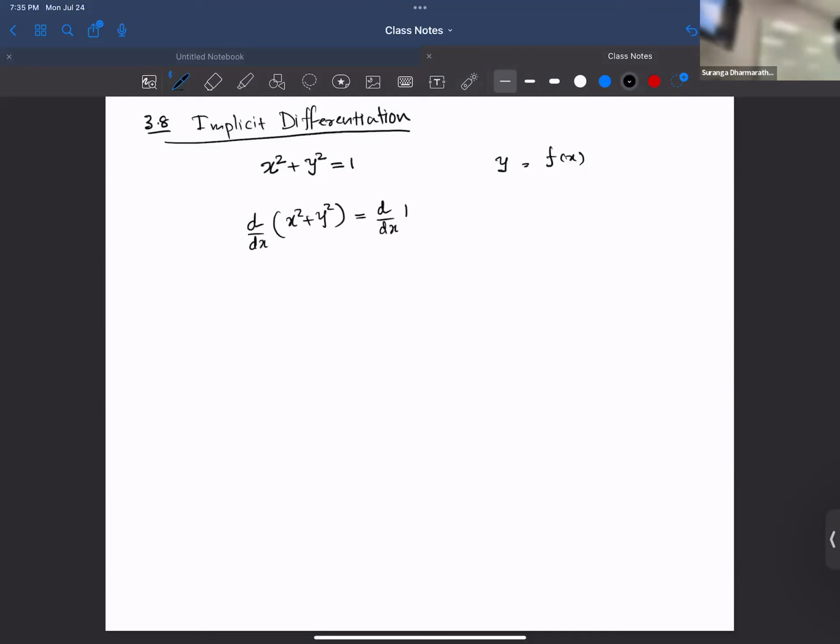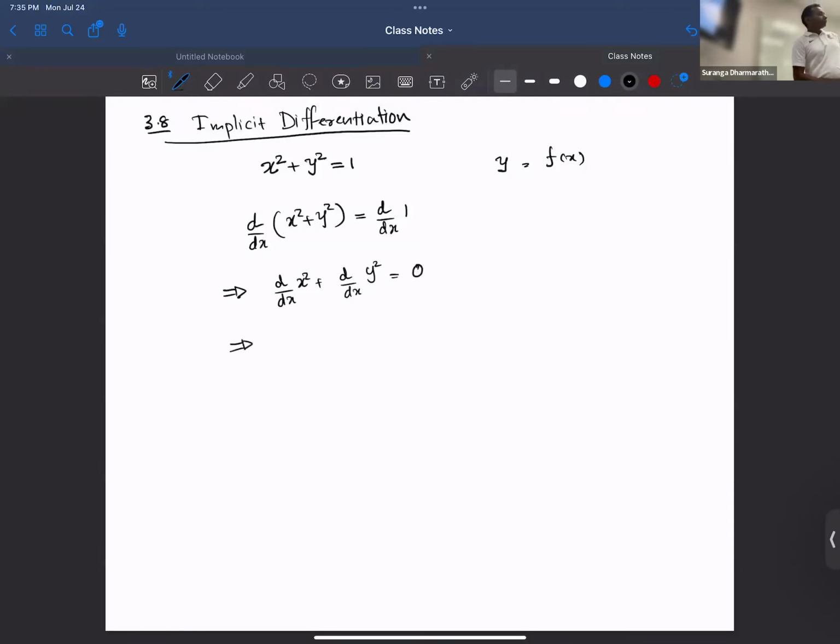It's an equation. Now what we have here is d over dx x squared plus d over dx y squared. What about on the right hand side? It's 0. Good.